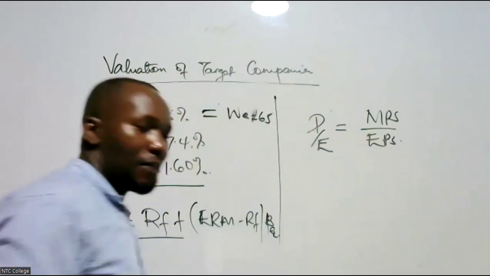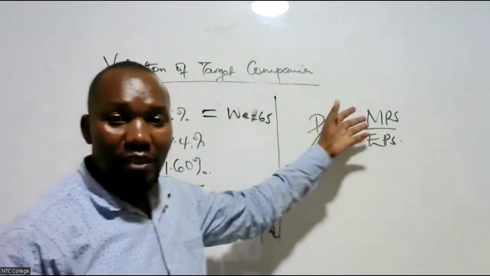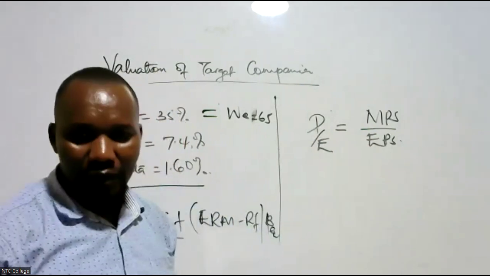You remember? So that means that PE ratio, you can get it if you are given the market price per share and earnings per share as well.